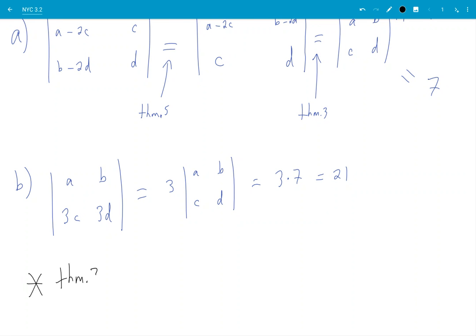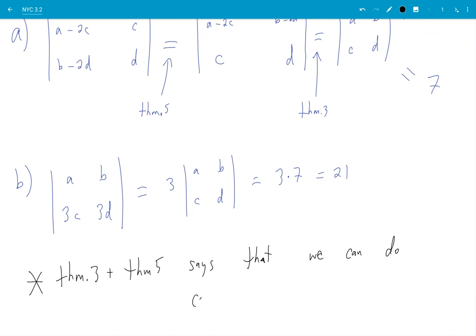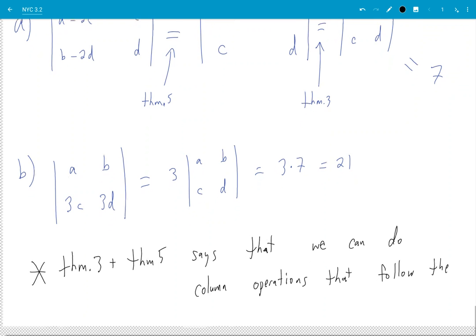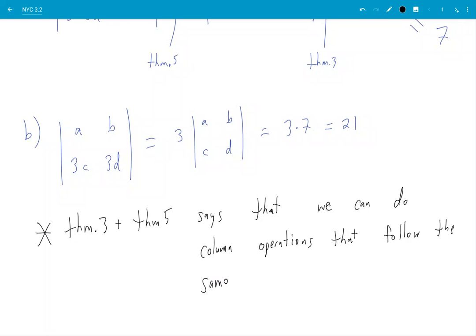So I'll write it like this: Theorem 3 plus Theorem 5 says that we can do column operations that follow the same rules as those for row operations.